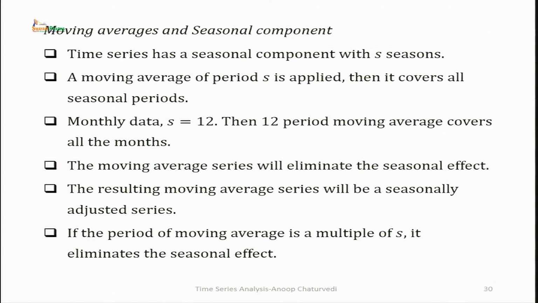For example, if you have monthly data, then S is equal to 12, then a 12 period moving average covers all the months. So, the moving average series will eliminate the seasonal effect. It is going to completely eliminate the seasonal effect. The resulting moving average series will be a seasonally adjusted series. It does not have any seasonal component.